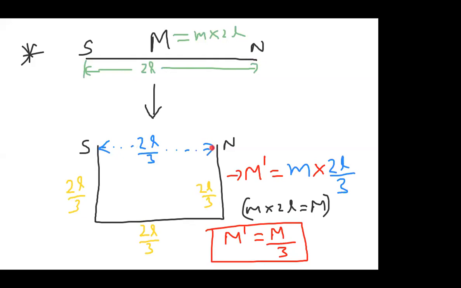Straight line means the actual total length is 2L in 3 equal parts, 2L by 3 each. This concept is called a straight magnet bent into a U shape. So bent into a U shape, this is the situation we observed.